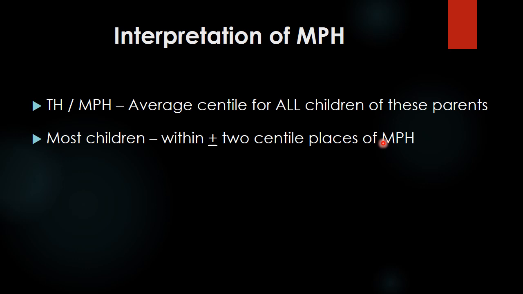For example, if the mid-parental height is 160 centimeters, most of the children would lie either 1 centile above or 1 centile below 160 centimeters. You may want to denote it as 75th centile and 25th centile on a normal growth chart.